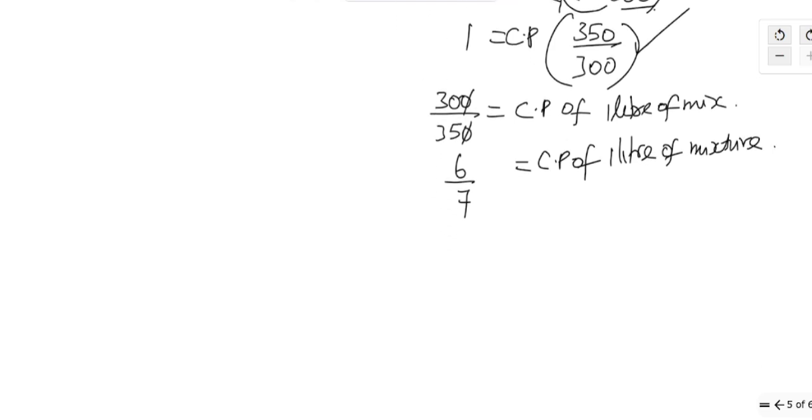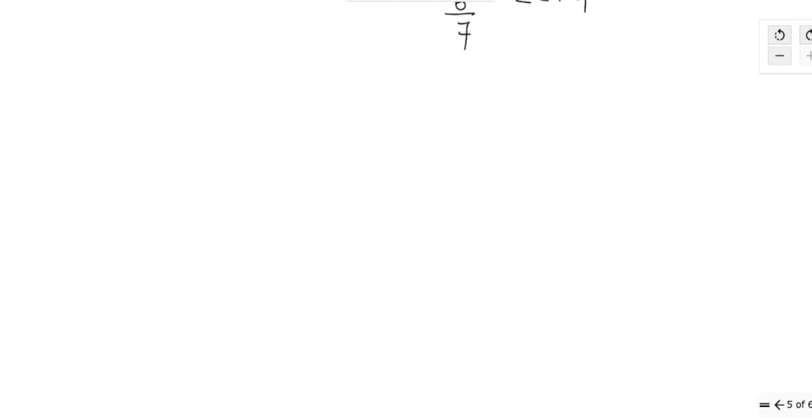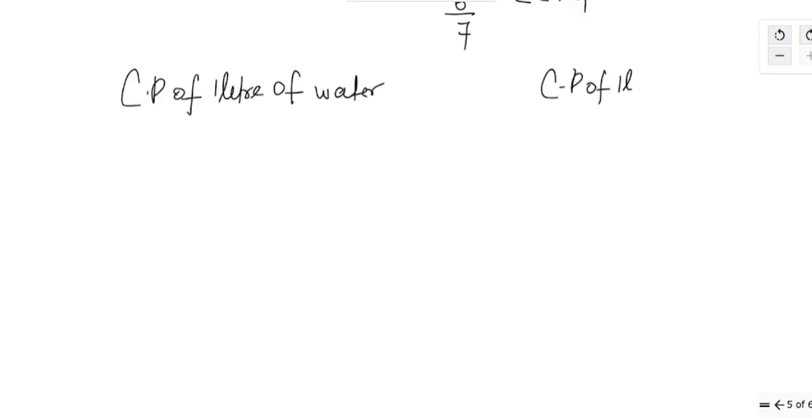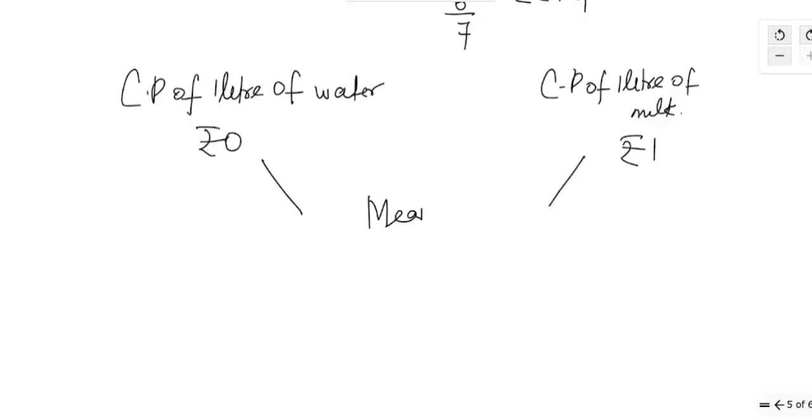So we are going to use the rule of alligation. Cost price of 1 liter of water, and here cost price of 1 liter of milk. Water is always 0, and here 1 is the assumption we made earlier. Now, the mean price we got is 6 over 7 rupees.